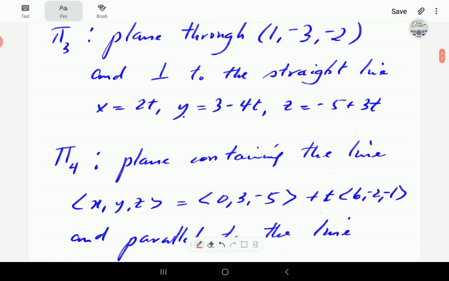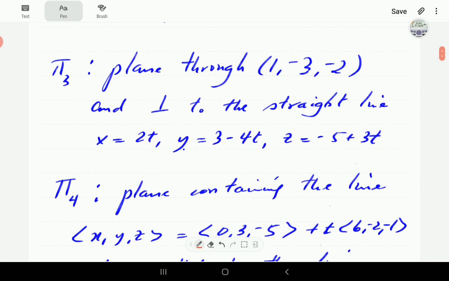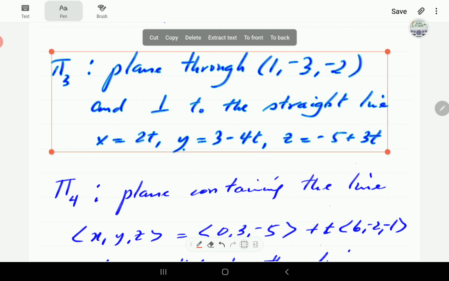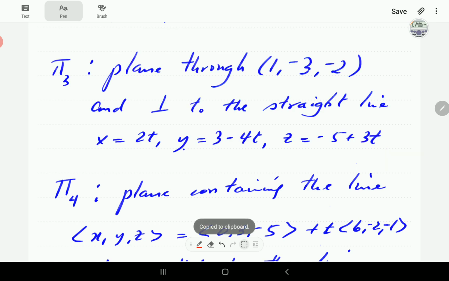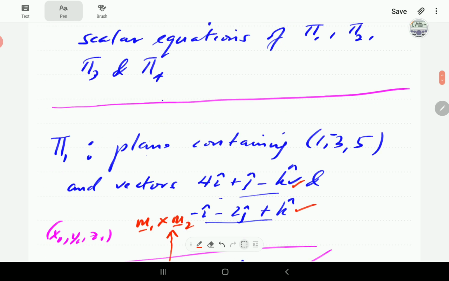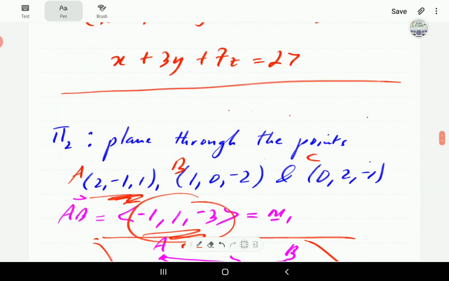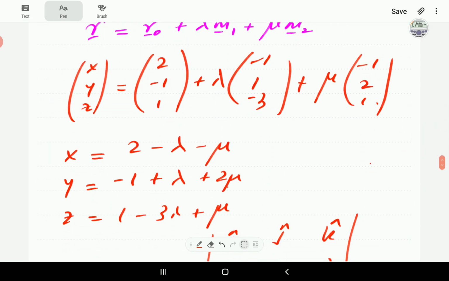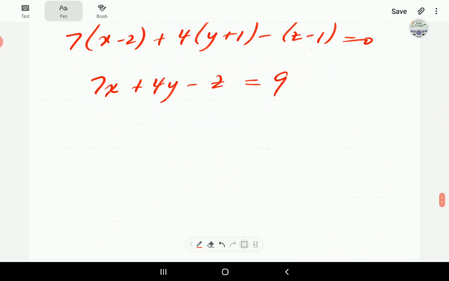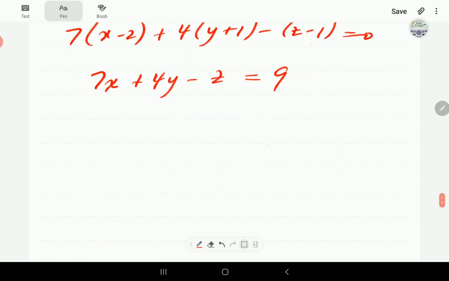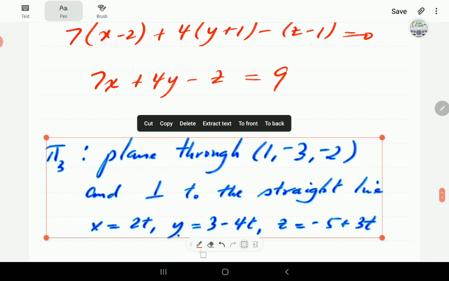The third plane is described as follows. This plane contains, or goes through, the point 1, minus 3, minus 2, and it's perpendicular to that straight line. So let me just paste this.